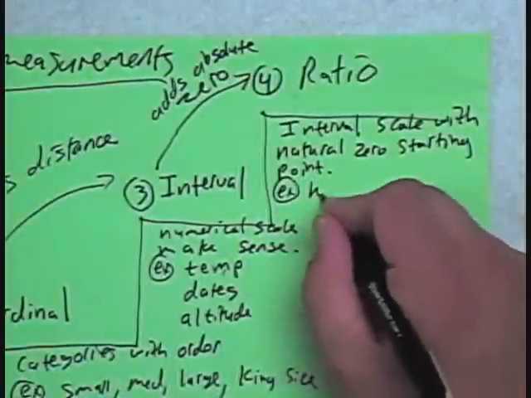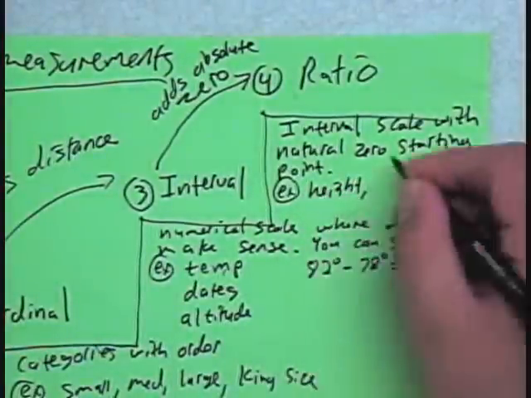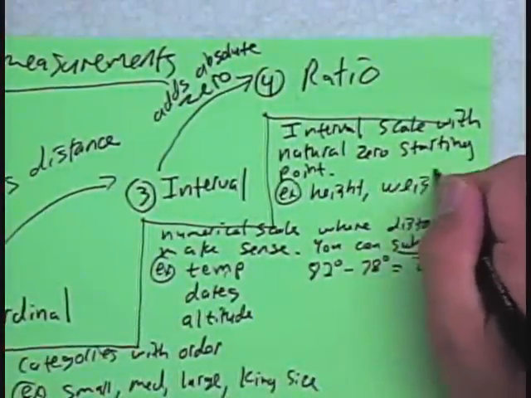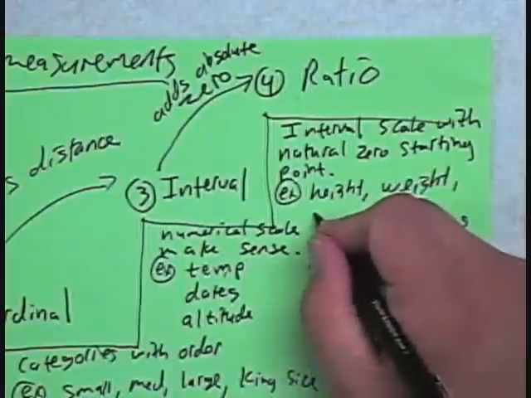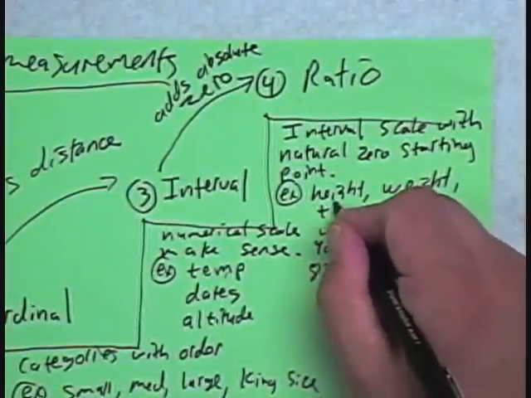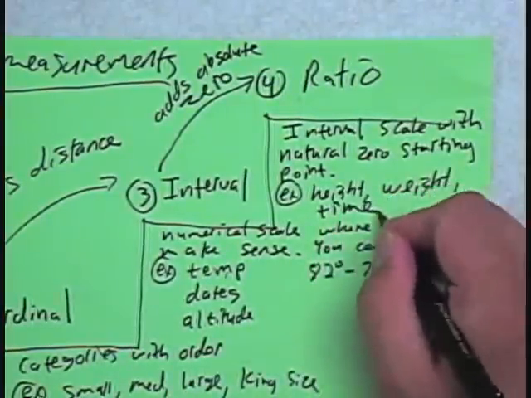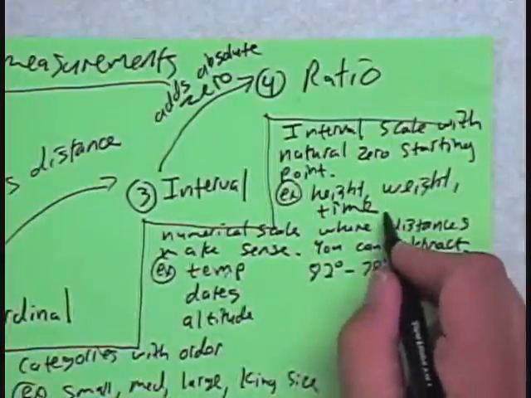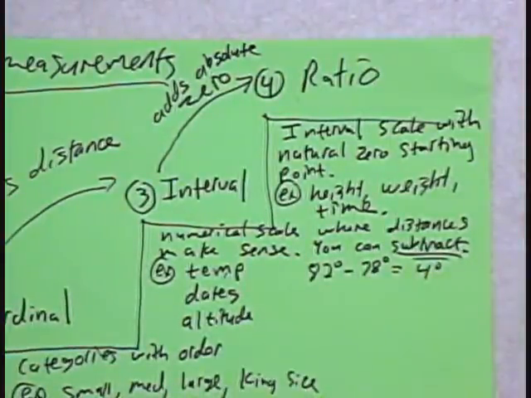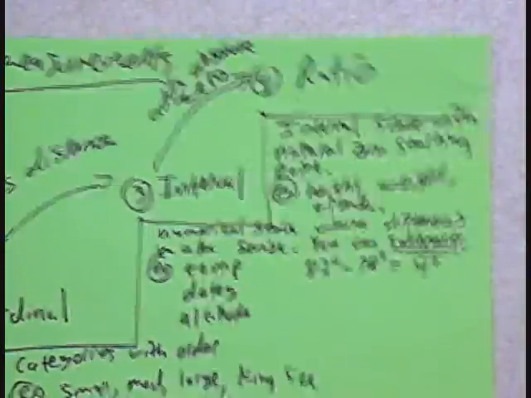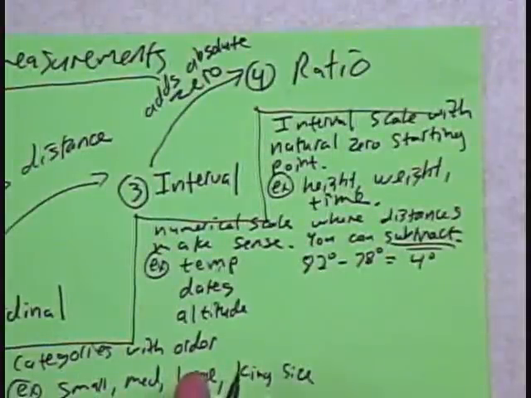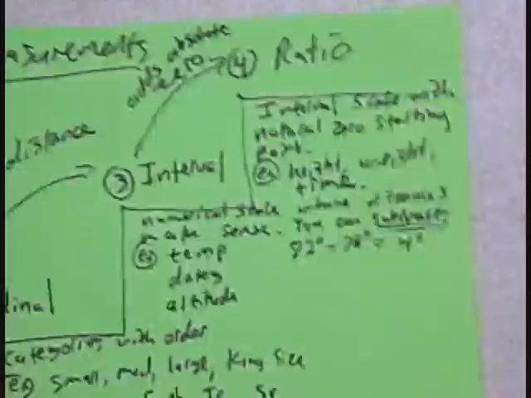Some examples here would be height, someone's weight, and time. Time, as opposed to dates, has a natural 0 starting point, because when you begin to do something, that's time 0, and then you measure from that.